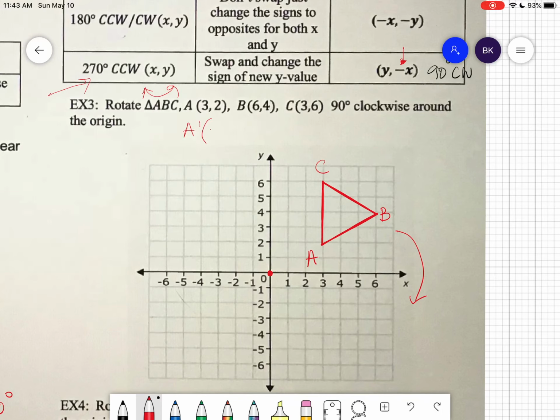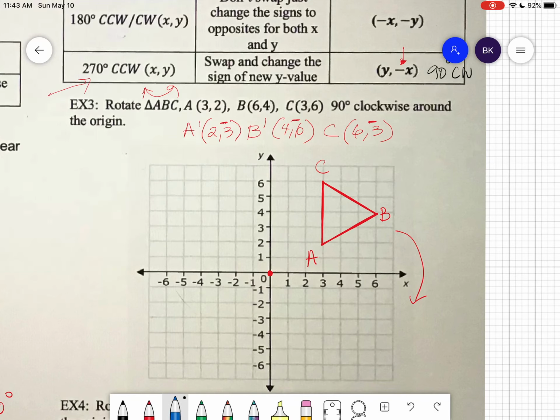Let's quickly write down our new coordinates. A prime, again, we're going to swap X and Y, so 2 and 3, right? 2 and 3, and then change the sign of the new Y. So it's going to be 2, -3. B prime is going to be 4 and 6, and we're going to change 6 to -6. And C is going to be 6 and 3, and we're going to change the sign of the new Y. Let's see if we did a good job.